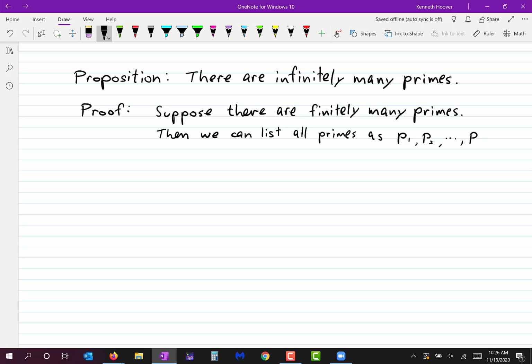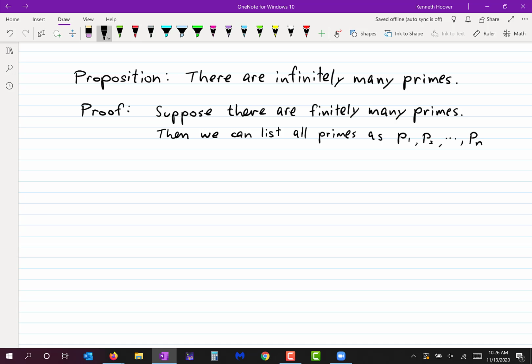The point being that if there's only finitely many, then eventually I would get to the end of the list, and we'll call the last one Pn. If you want to, you could say that list is in order, so that P1 is the number 2, P2 is the number 3, and so on. But that actually doesn't matter one way or the other anyway, so I'm not going to bother even putting that on.